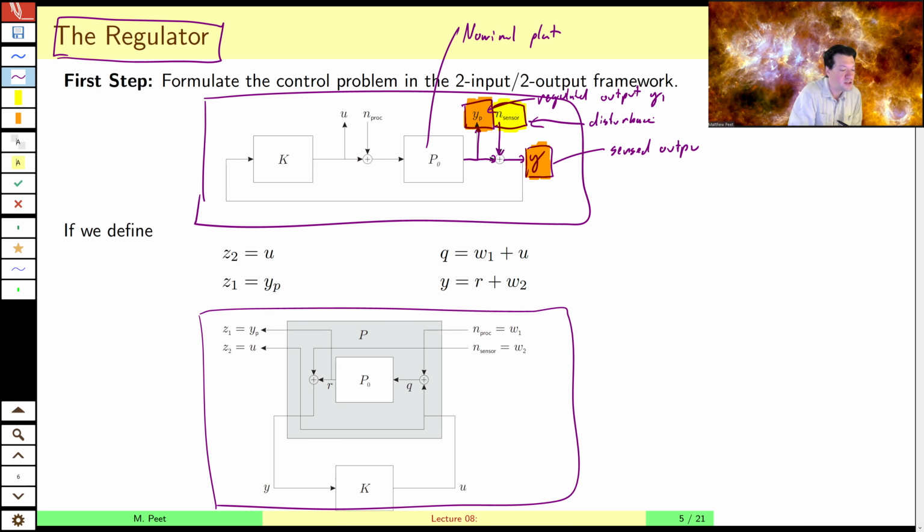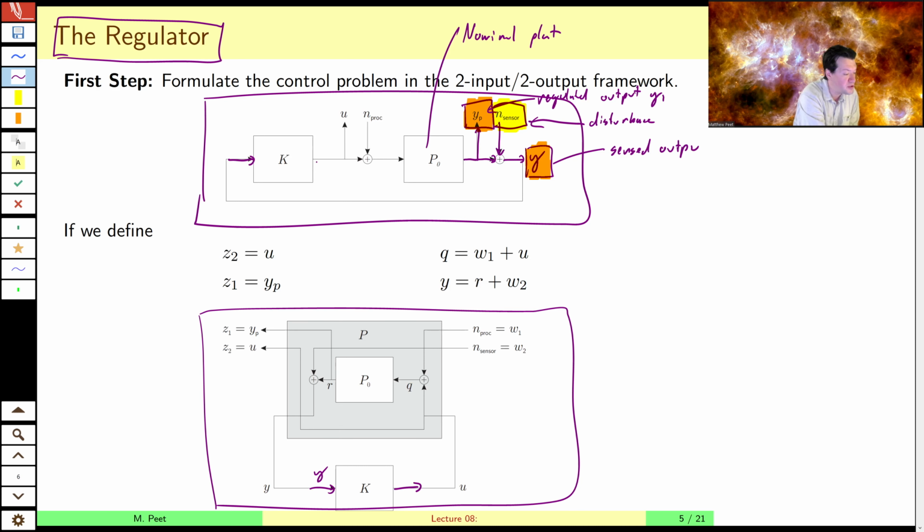All right, so let's follow this wiring diagram a little bit further. We've got the sensed output. Obviously, that's the input to our controller. So there's K, going to be down here, with Y going in the other direction.